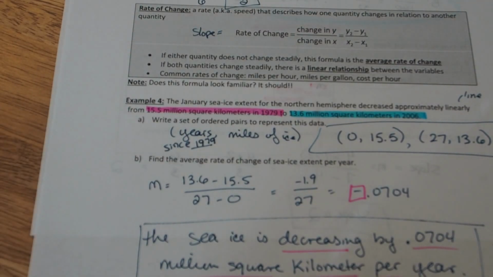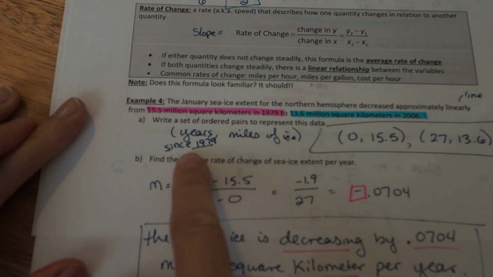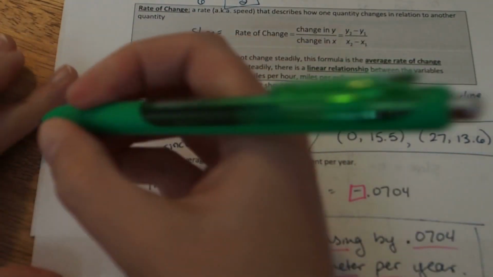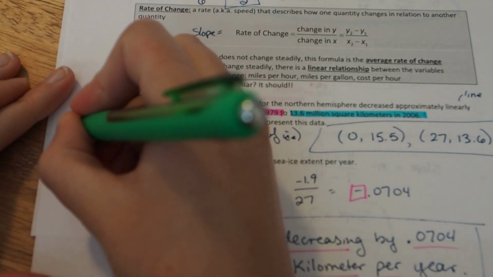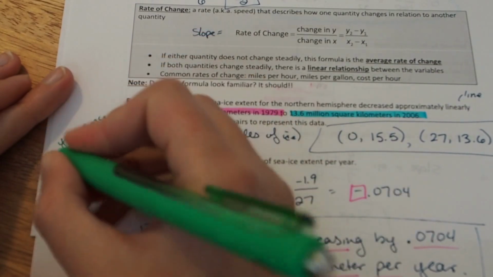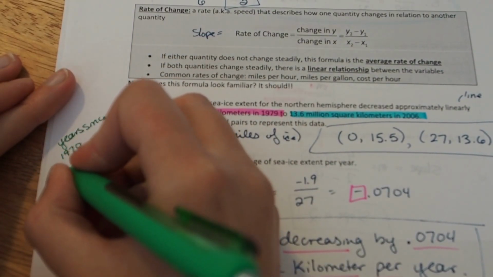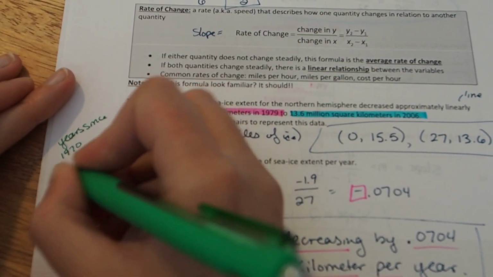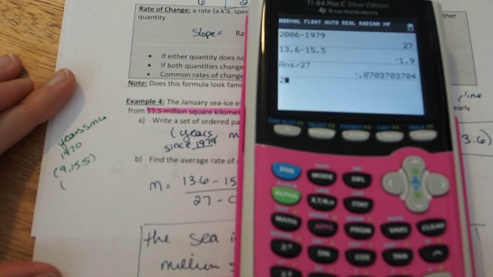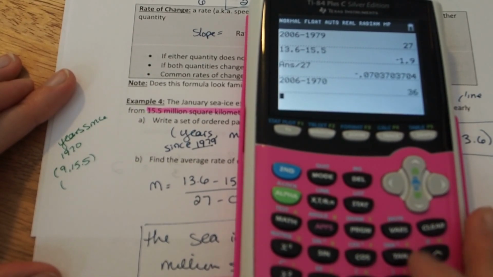Okay. All right, so I mentioned real fast that I was going to talk about the fact that I would get the same thing if I had started with a different starting year. So I'm just going to show that off to the side right here. If I had done years since 1970 instead, my ordered pairs would have been 9, 15.5, and let's try 2006 minus 1970, which gives us 36.